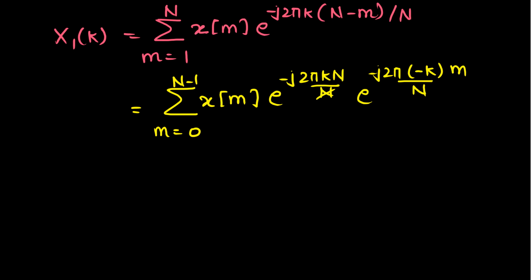And now this N gets cancelled here, and it is e to the power j 2 pi k, that is an integer multiple of 2 pi.